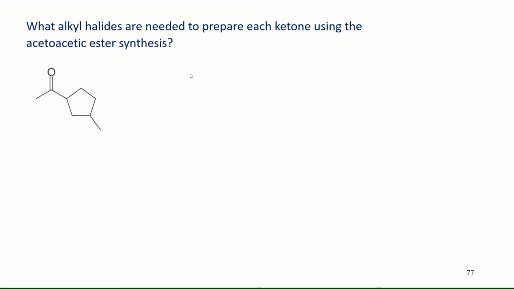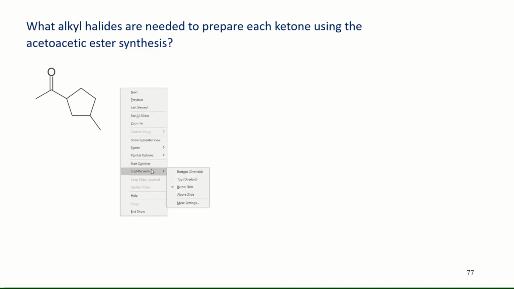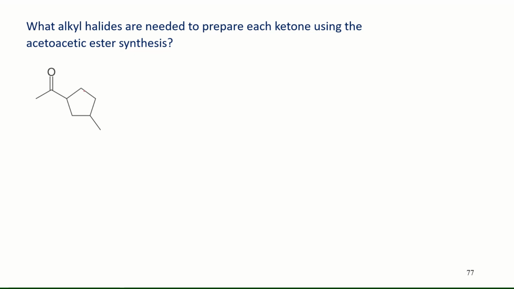What about this one? What alkyl halides are needed to prepare each ketone using the acetoacetic ester synthesis? Yeah, we can see immediately that most likely, because we form the ring system, we therefore need a dihalide.